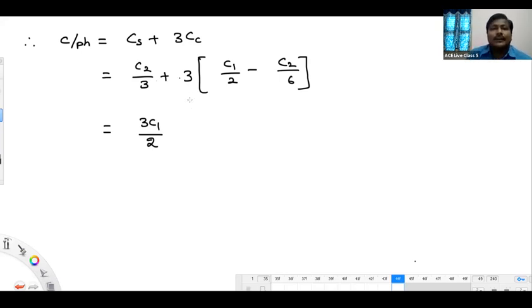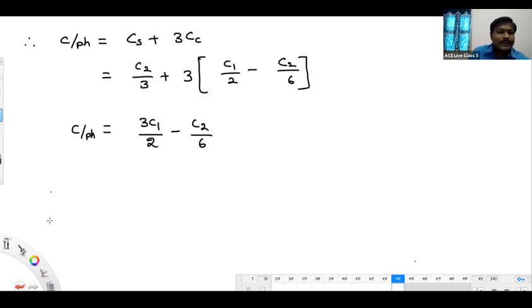It will come to be minus C2 by 6, I think. Please check that. C1 by 2 minus C2 by 6. Is it so? Please kindly check. Good. This is the capacitance per phase.